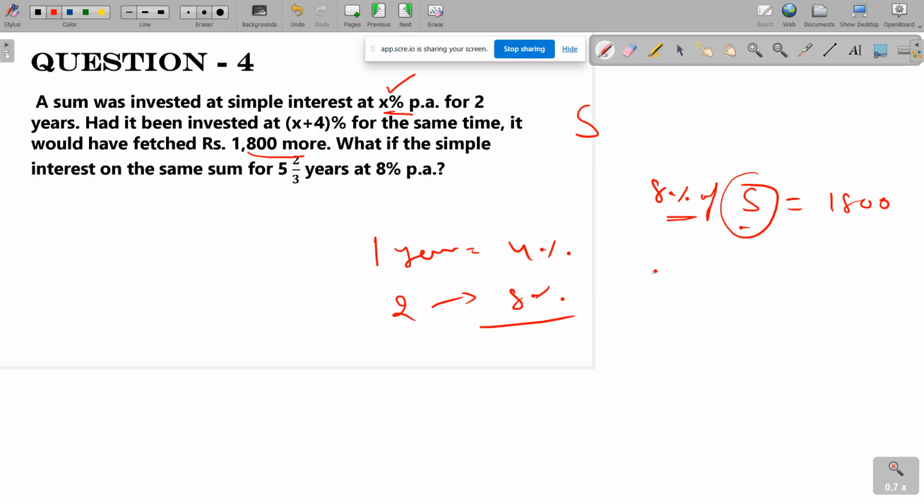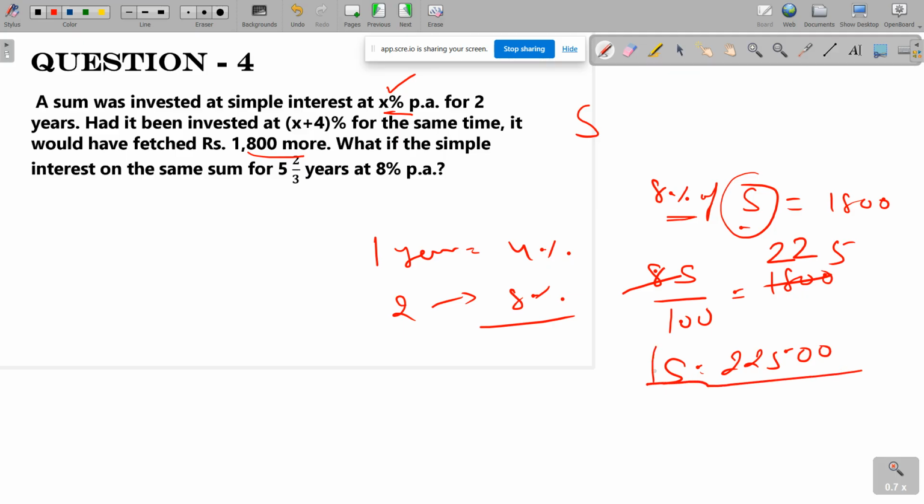So it is 8S upon 100 equal to 1800. We can calculate, S would be 22,500 rupees. Okay, this is the amount.